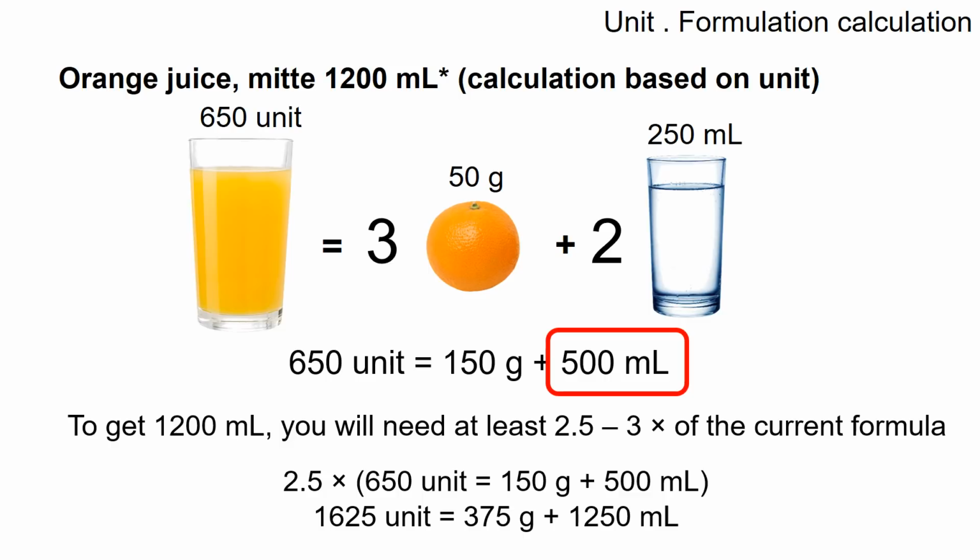So if we take the least amount, where we just multiply the current formula by 2.5, we will get 1625 units with 375 grams of oranges with 1250 ml of water. By this, we will know that the amount or the volume we prepare already exceeded the amount required, and this also indicates that we have enough amount to be given.